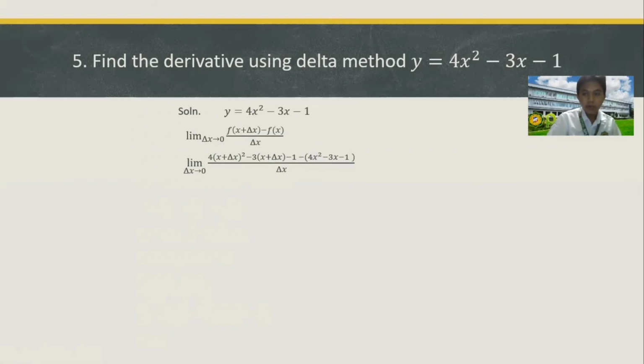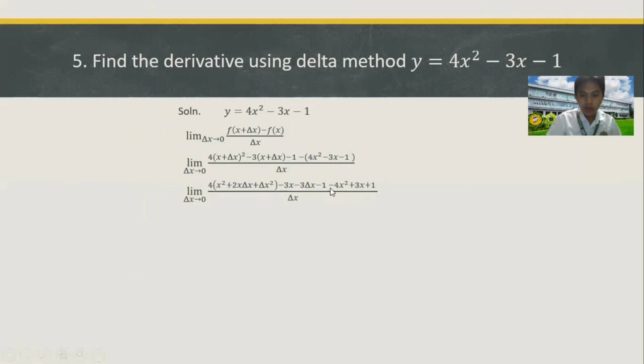And then we will simplify. So we have limit as delta x approaches 0 of quantity of x squared plus 2x delta x plus delta x squared minus 3x minus 3 delta x minus 1. Then distribute the negative to the f of x.